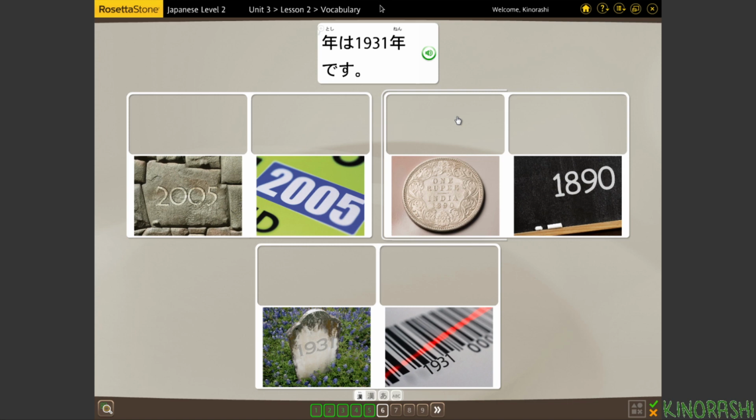Let's see if I can find whether it's "toshi" or "nen", the onyomi or the kunyomi pronunciation. Yeah, but when Chinese came over from China to Japan, it came over in three different periods, and that affected pronunciations.